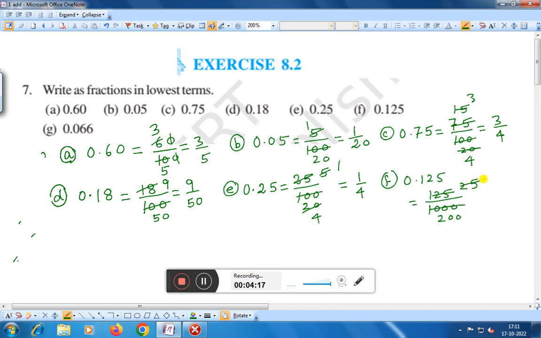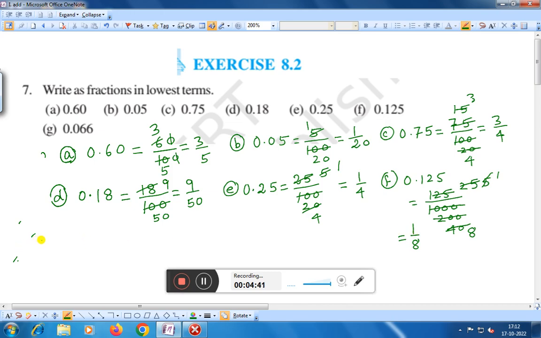You are going to divide by 5 again, that is 5 5s are 25, 5 4s are 20, 0, 5 1s are 5, and 5 8s are 40. That is 1 by 8.